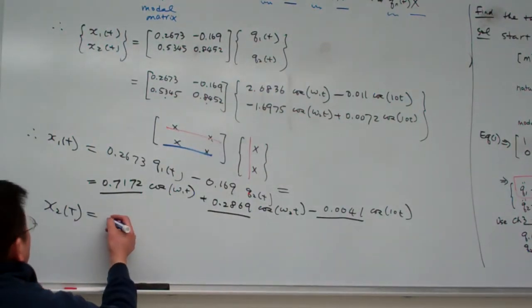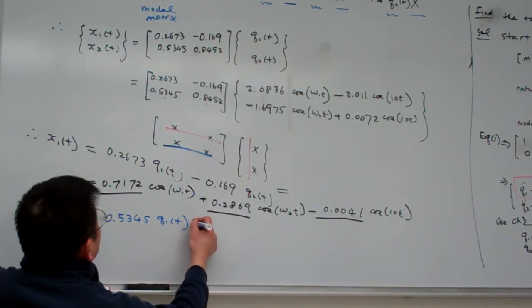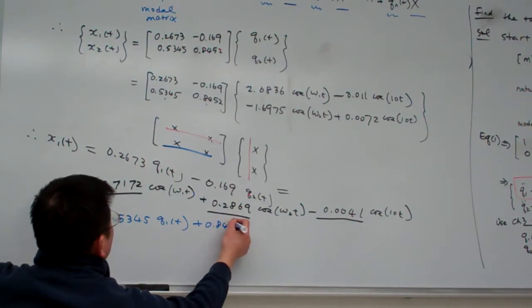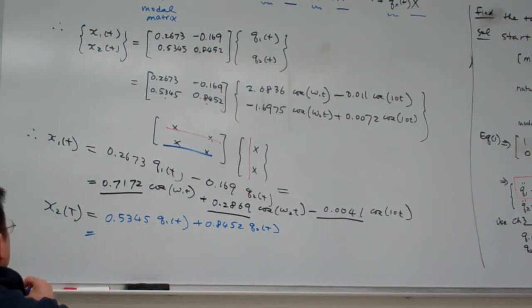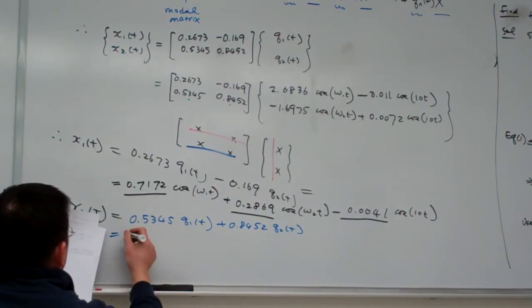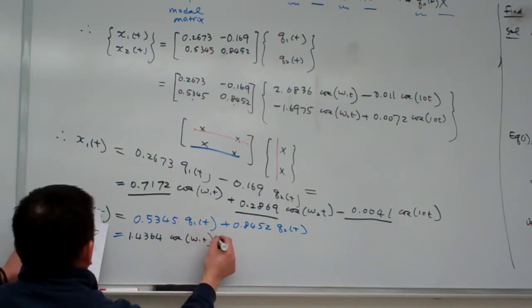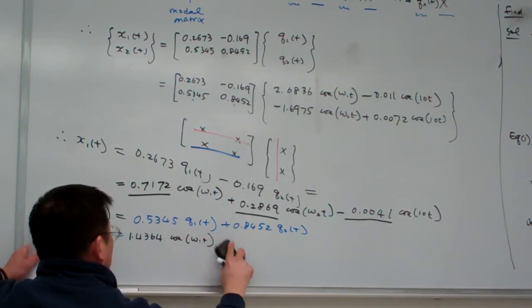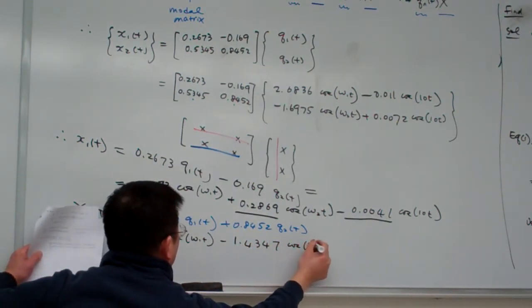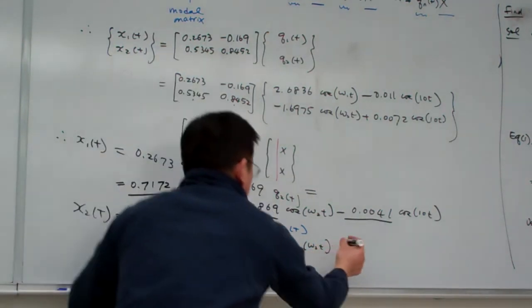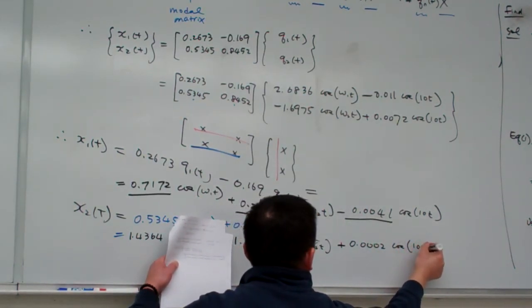So x2(t) should be equal to 0.5345 times Q1(t), and so on, like this.